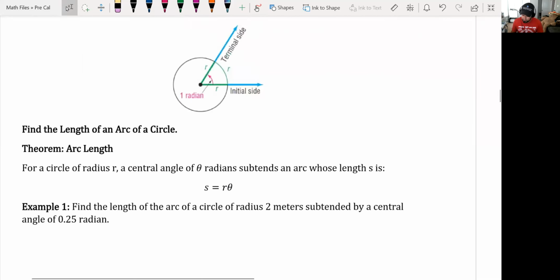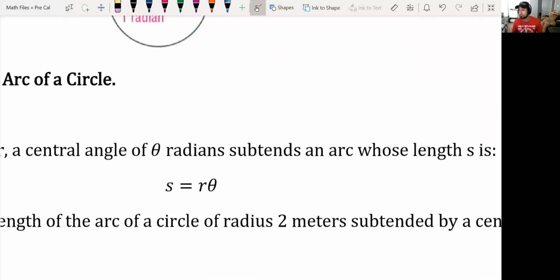So one thing to notice here is that theta, if you don't know what I'm saying, you pronounce this as theta, which is a symbol that represents degrees or radians. Theta represents an angle in degrees or radians.